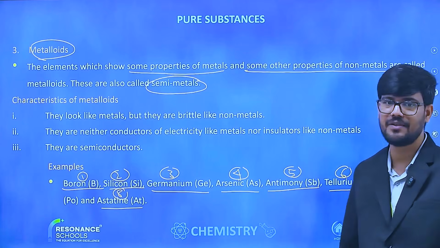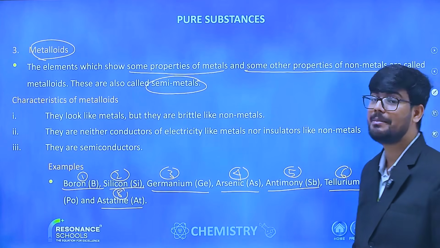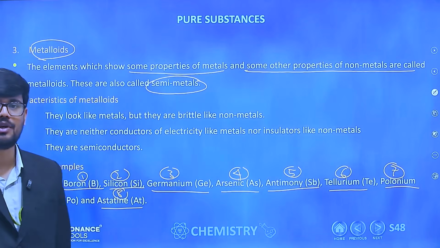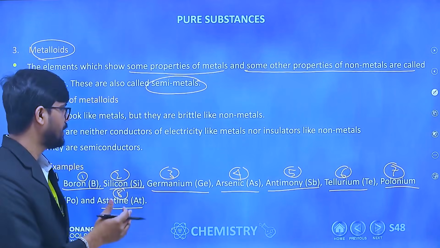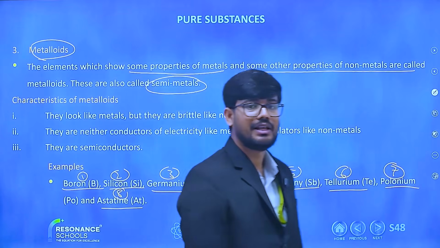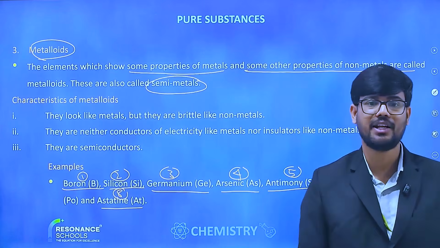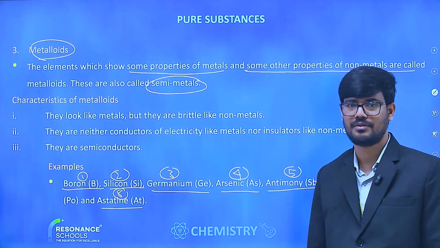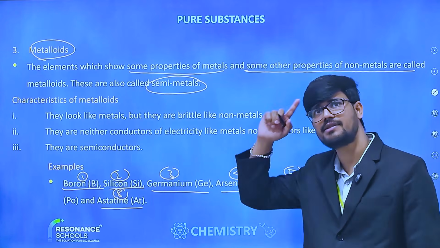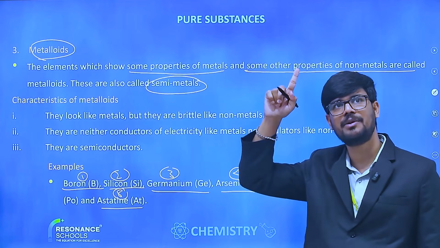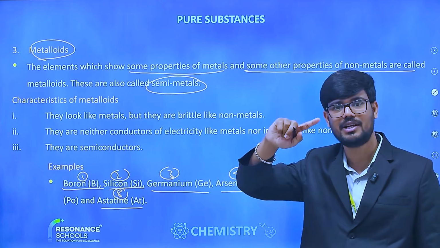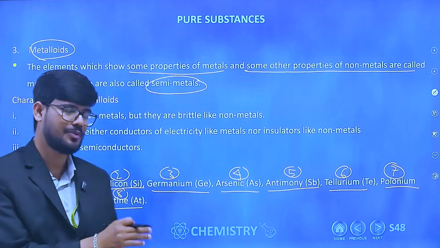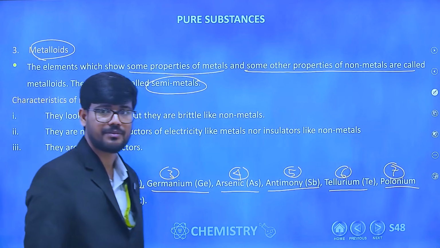It will be better if you remember these 8 element names with symbols, because in MCQ questions sometimes they will ask about arsenic: is it metal, non-metal, metalloid, or noble gas? 4 options are there. So if you know arsenic is a metalloid, you will immediately click. So this is information you have to remember. Okay, then it will be easy.